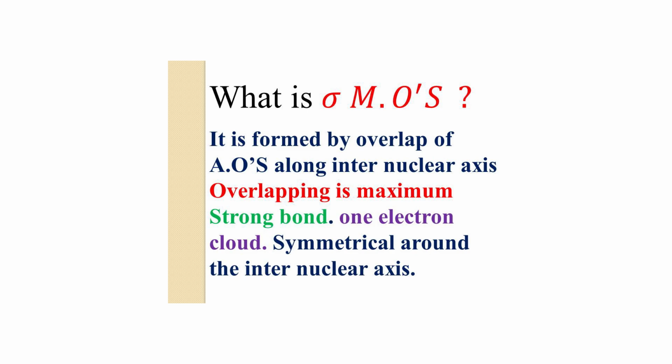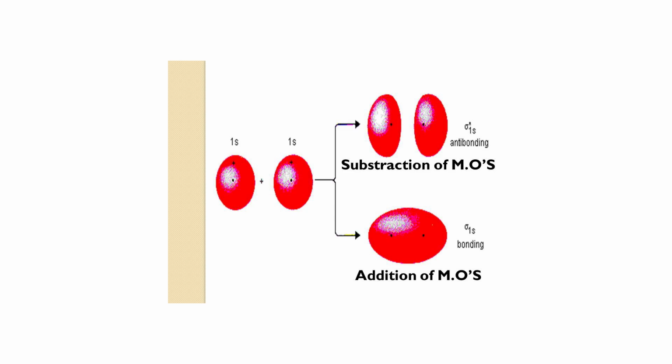See the slide. A 1s orbital added to another 1s orbital gives one electron cloud that is symmetrical around the internuclear axis. That forms the sigma 1s molecular orbital.